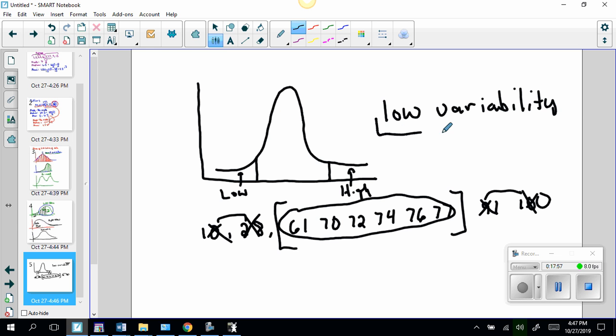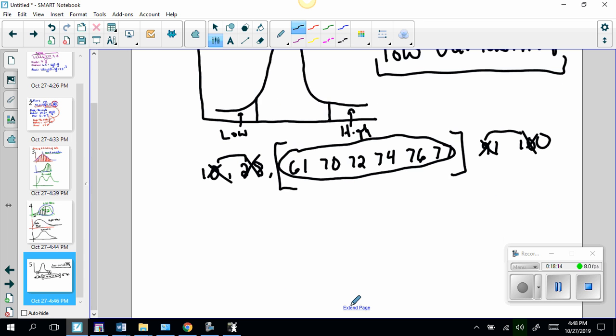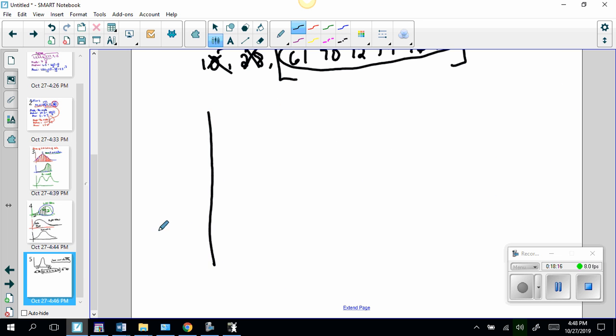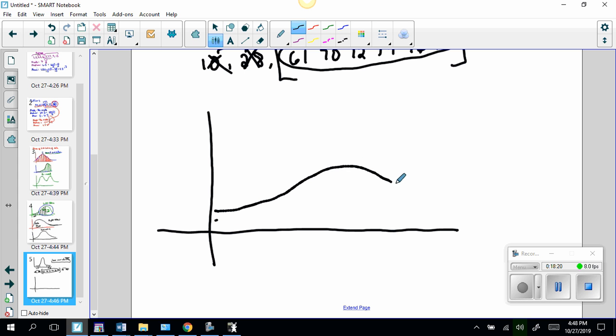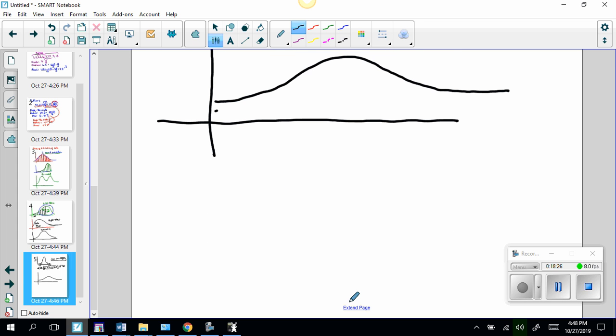But don't worry, we'll have a way to measure variability. You don't necessarily need to understand right now, even though I think it makes sense, but we are going to measure variability. Now, high variability. Data's all over the place. Whoa. Nice big spread of data. Data's like a mile apart.